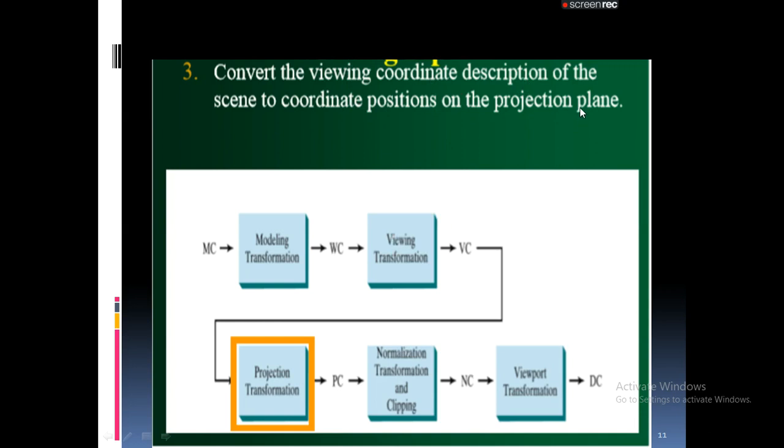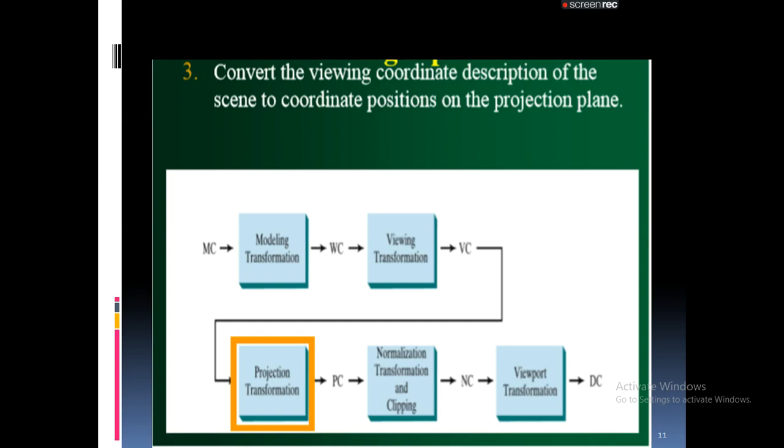See that this step was not there in the case of two-dimensional viewing. In two-dimensional viewing, what we did was map viewing coordinates directly to normalization coordinates. Next, normalization coordinates to viewport coordinates, and next we mapped viewport coordinates to screen coordinates.